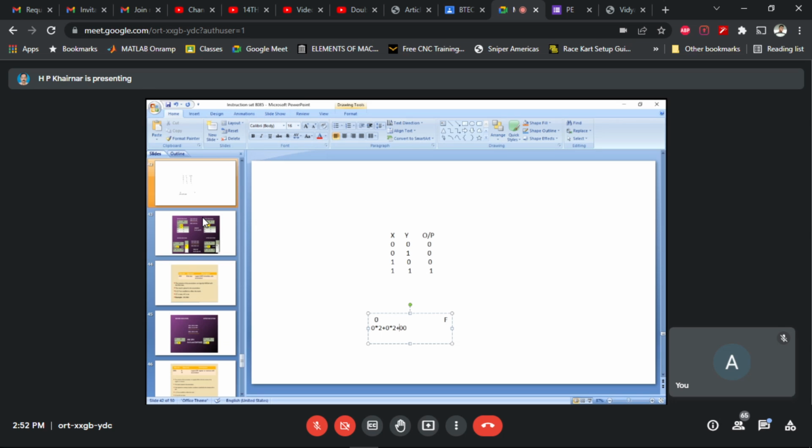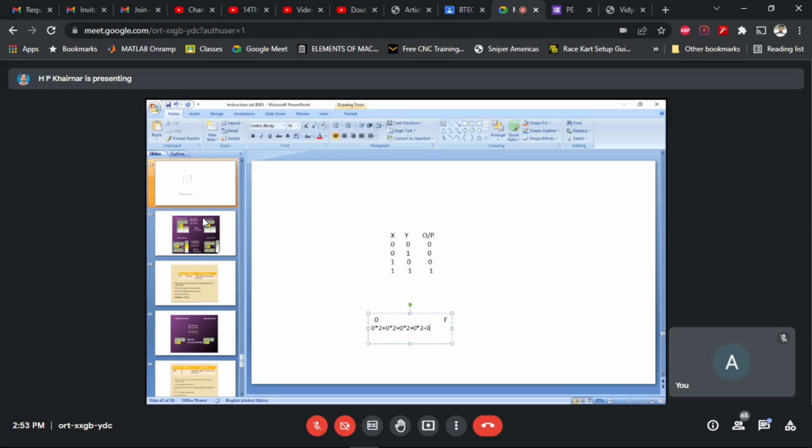This is 0 into 2 raised to 1. And after that, 0 into 2 raised to 0. So in this particular case, since all zeros are there, you will get the answer as 0.